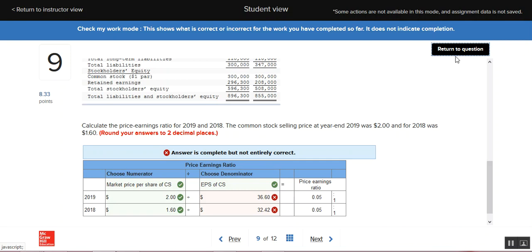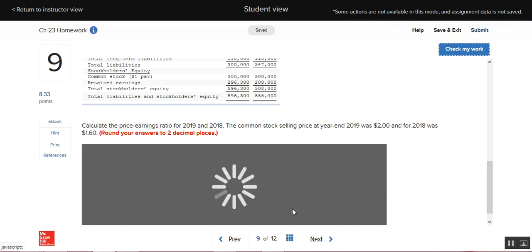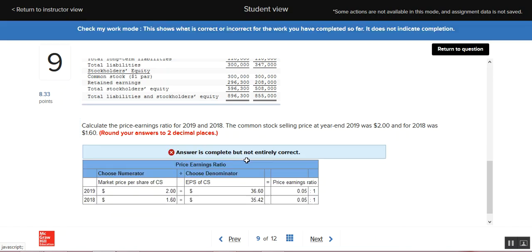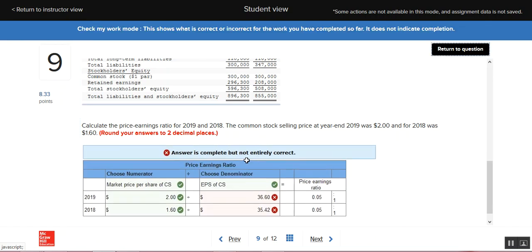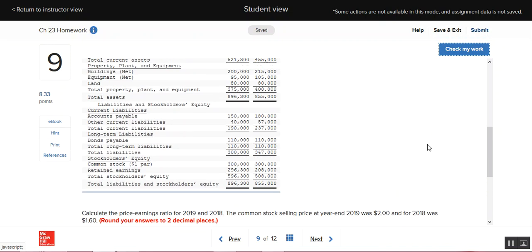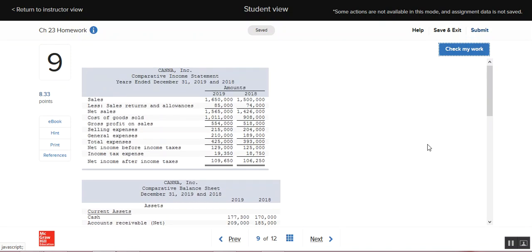I can't type either. Let's try this again. This one should be 35.42. I guess I can't talk and type at the same time. Let's see if that works. Well, I did not calculate something correctly.